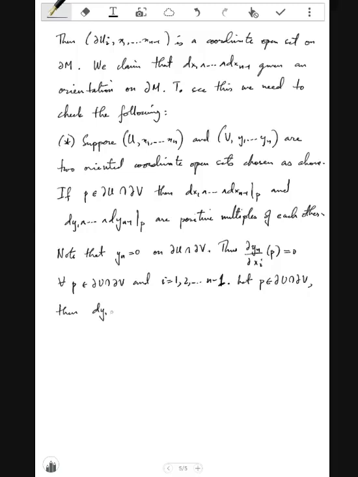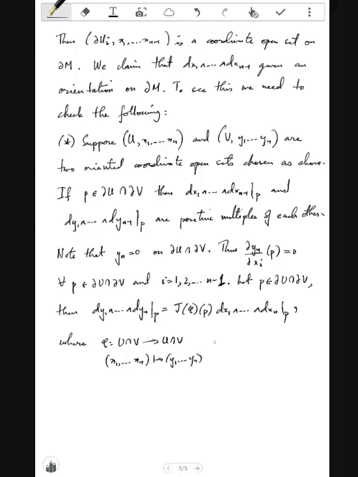Then dy1 wedge up to dyn at P is J phi at P times dx1 wedge to dxn at P, where phi from U intersection V to U intersection V, which sends x1 through xn to y1 through yn, is the coordinate change map.